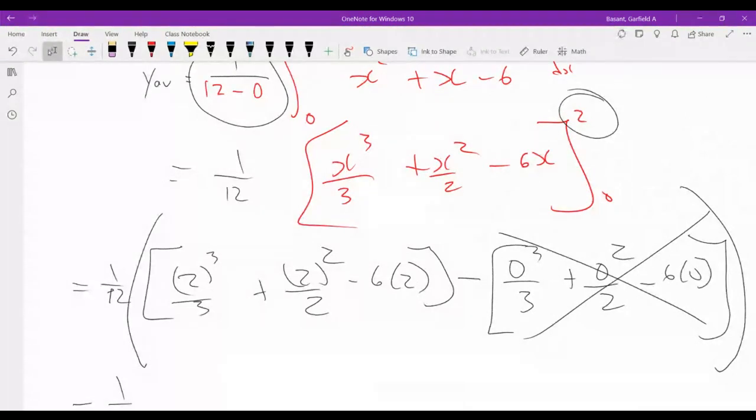So maybe if we had hypothetically a +3 in here, you still would need to plug in a 0 because this would actually become 3 instead of just 0. But I agree with you. If there's no constant, the 0 is going to cancel out.